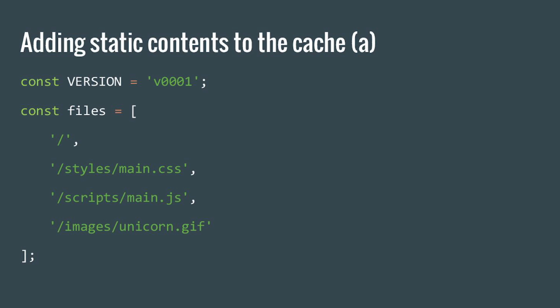I chose this number, but you can choose whatever string you want, like animal names or your favorite manga characters. They only have to change when you deploy a new state. After that, I define an array with static assets like the index HTML, some CSS, some JavaScript, and a nice image to make it more beautiful.